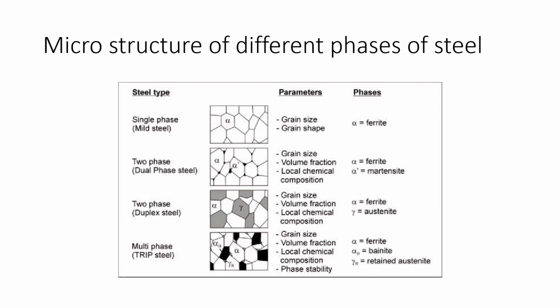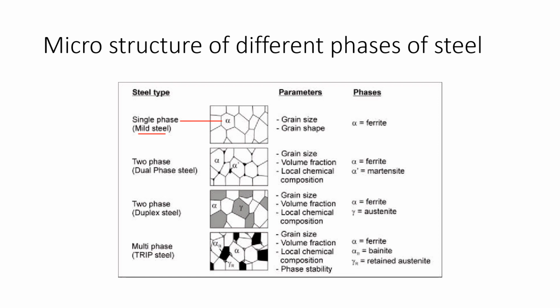Microstructures of different phases of steel are now shown in this diagram. If we look at the mild steel, its microstructure is a single phase, and all the alpha grains are formed without any liquid or any impurities present in these fine grain boundaries.